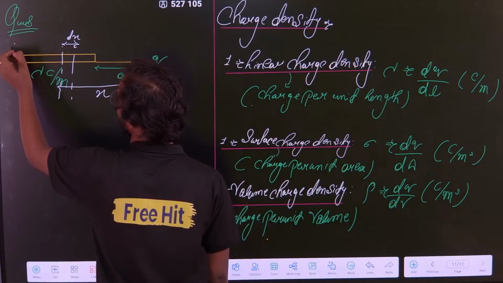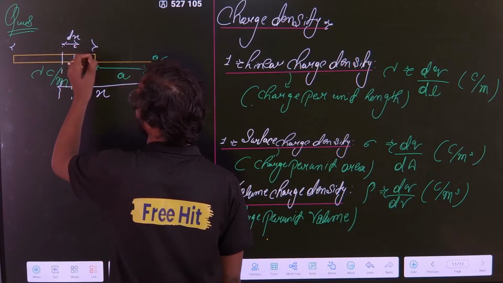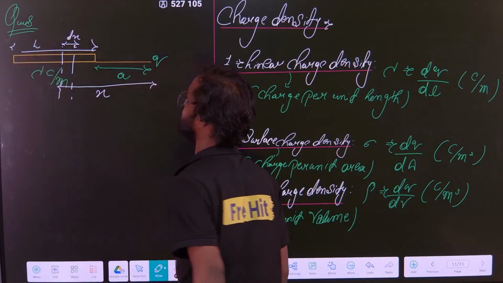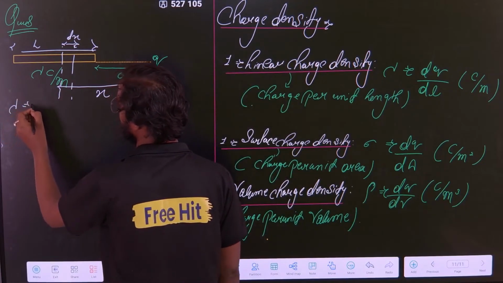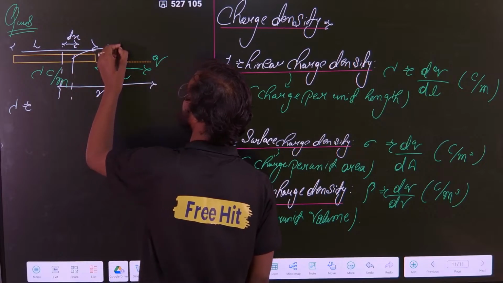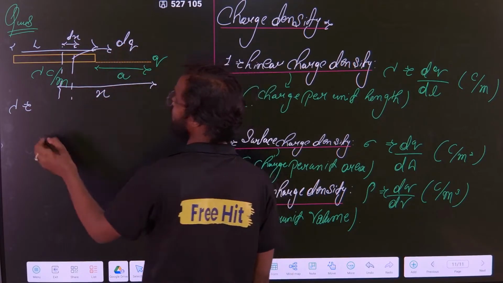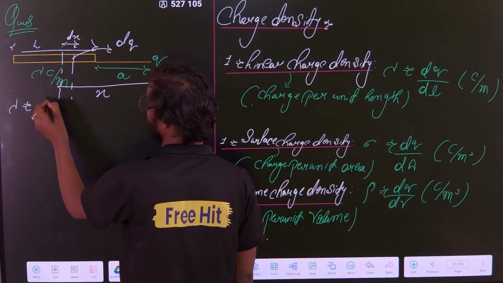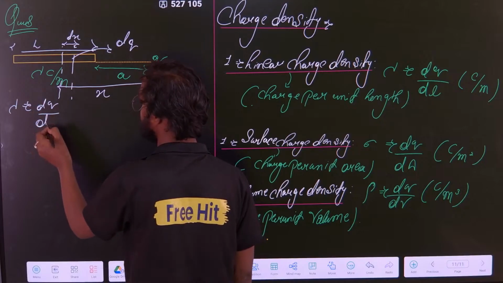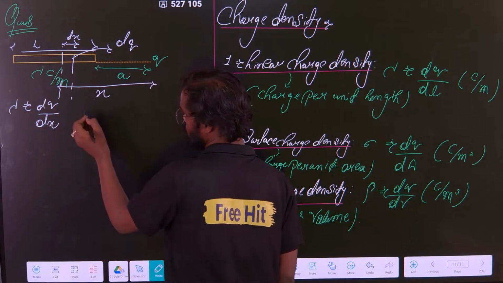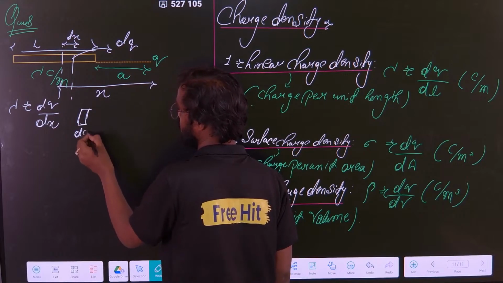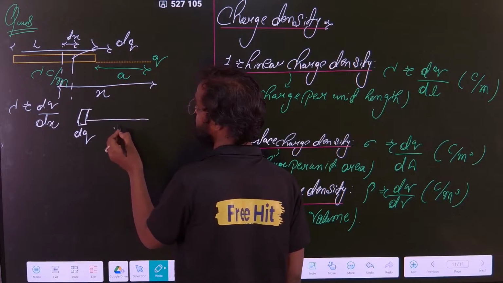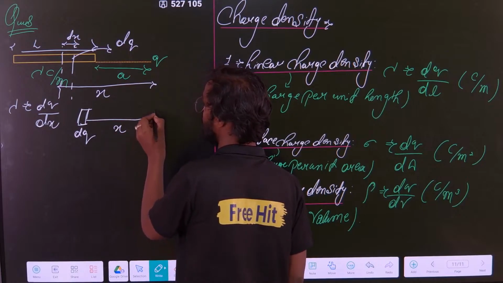Suppose the length of the rod is given, obviously it has to be given, and that is L. Suppose the charge on this small element is dq. So what is my lambda? Lambda will be dq by dx. So now we have a small element dq, the distance between this and the point charge q is x.